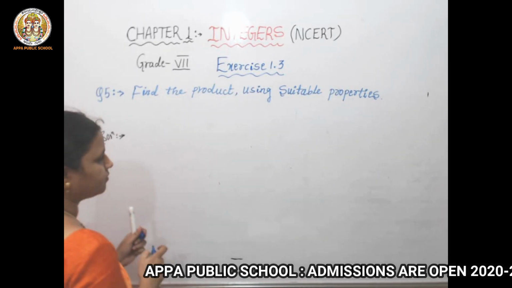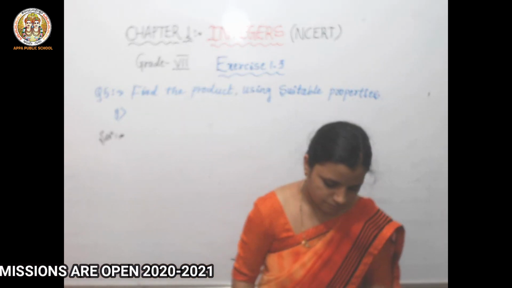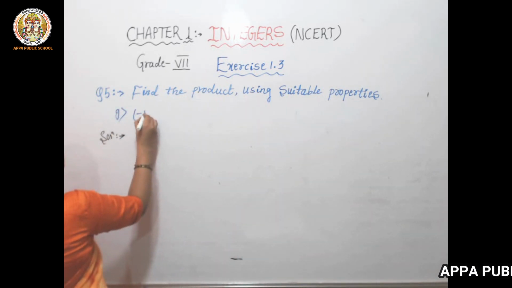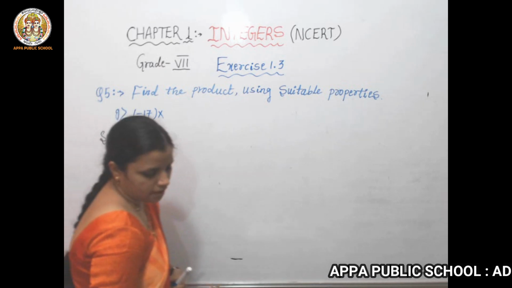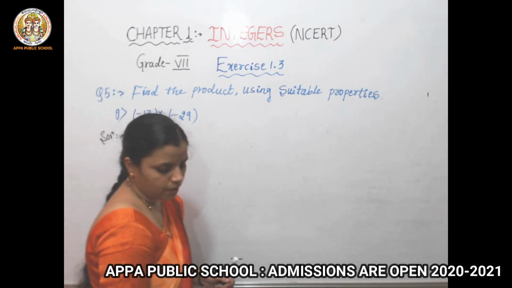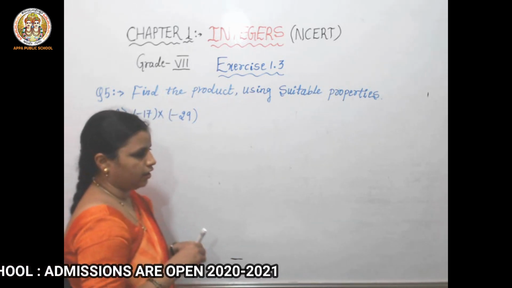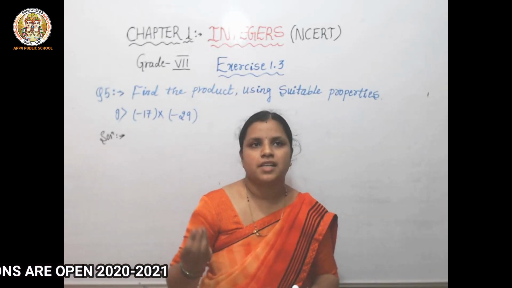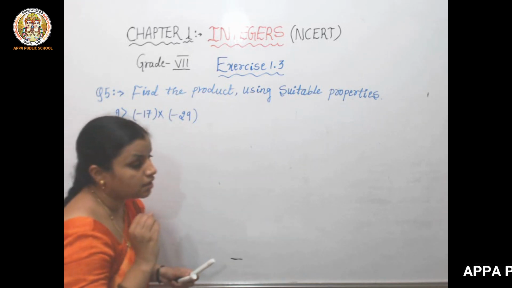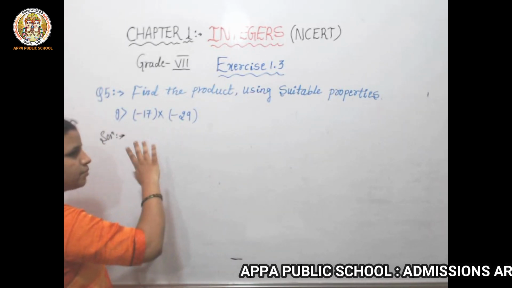See G as minus 17 into minus 29. So here also we can use A into B. But again, for the extension of the distributive property, we are changing this minus 29 as nearer to the 30, as a multiple of 10.